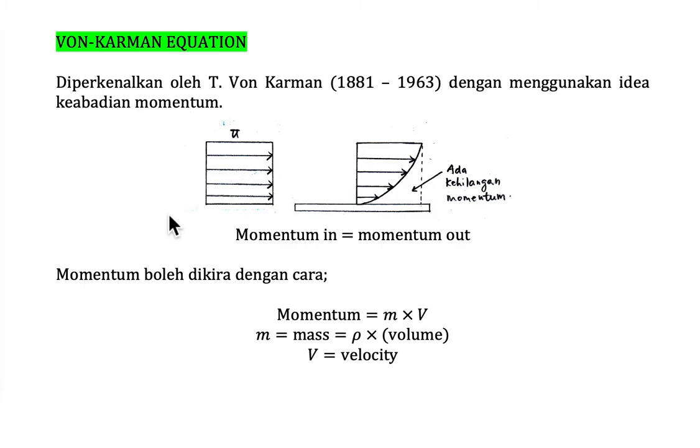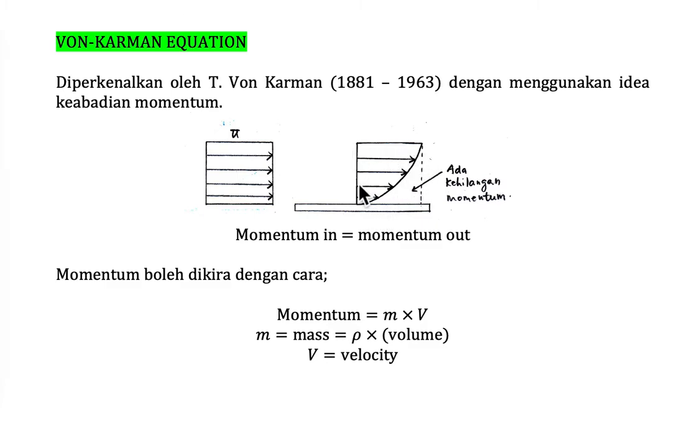The von Karman equation was introduced by von Karman, who lived between 1881 and 1963, and he used the idea of conservation of momentum. So the idea is very simple. For example, we have a thin plate here and we have a free stream velocity here. This free stream velocity flows on the thin flat plate, the no slip condition occurs and creates the velocity profile like this.